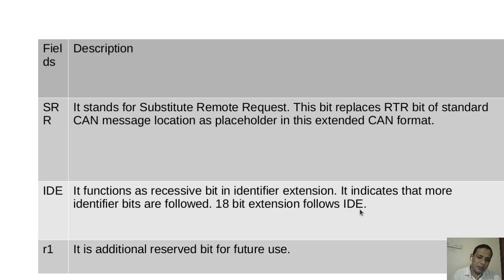If the IDE bit is high, the identifier has 29 bits. If the IDE bit is low, it has only an 11-bit identifier, that is, the standard frame format. Again, there is an R1, an additional reserved bit for future use. All these are the extra bits in the extended frame format.